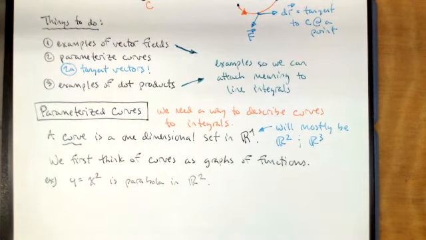So if we write y equals x squared, where y is a function of x, that's going to be a parabola in R2, and that is certainly a curve. But this is a heavy restriction where one variable is a function of the other variable. This is restrictive.